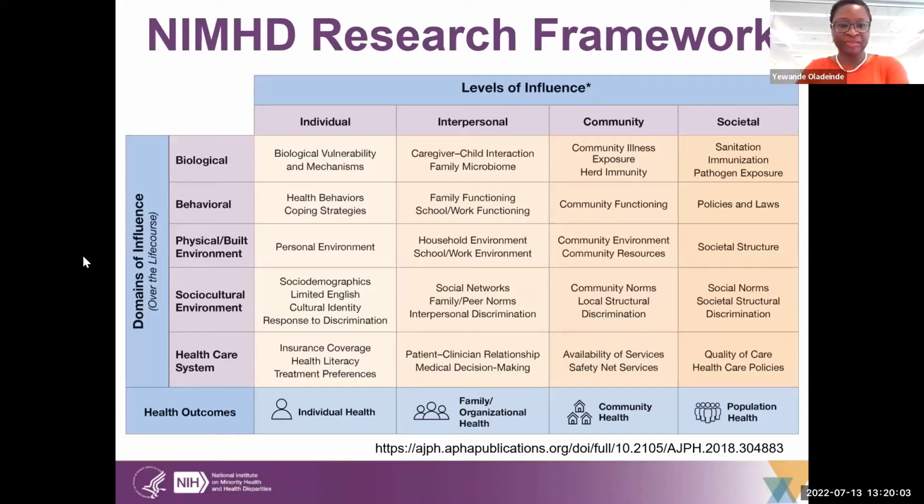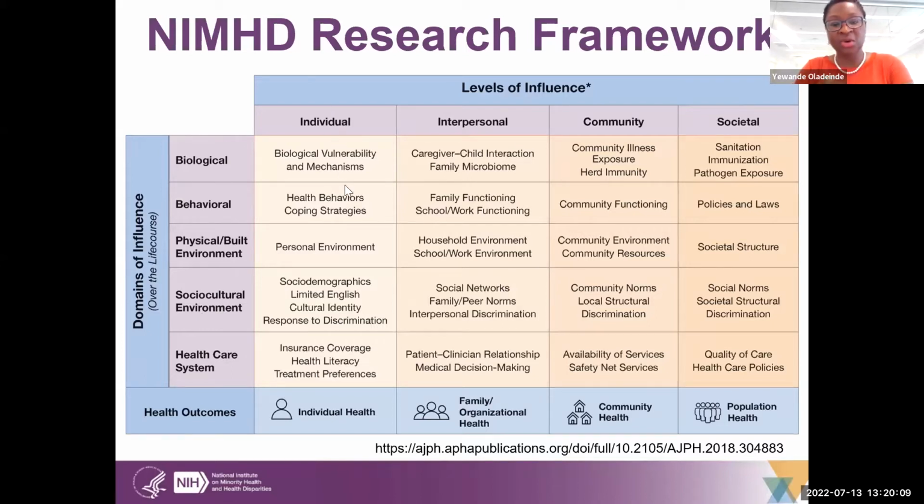So if you look right here, one of the domains of influence is the sociocultural environment.